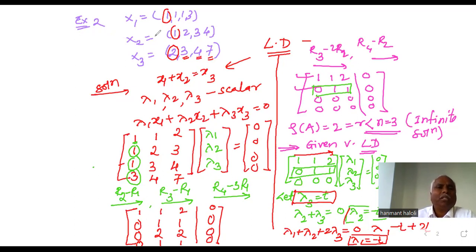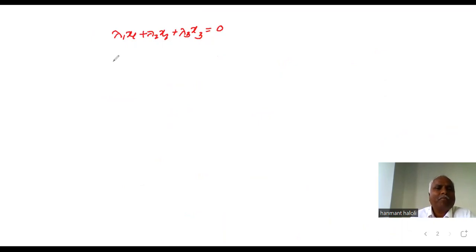So, minus t into x1 plus minus t into x2 plus t into x3 equal to 0.